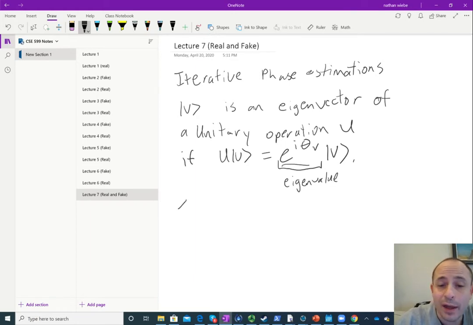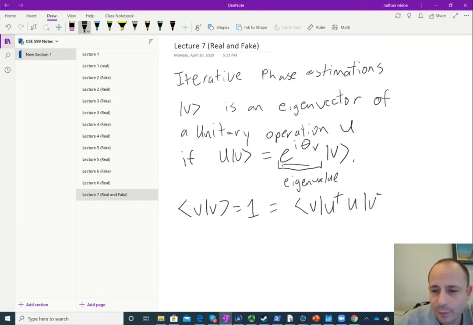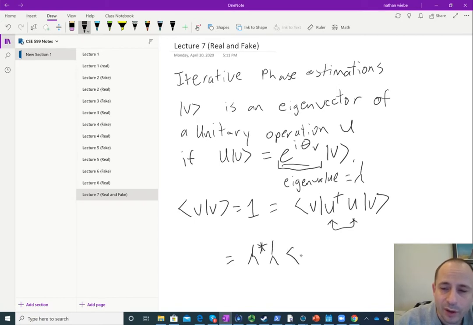The reason why is because we know that v inner producted with v is equal to 1. And that is equal to the inner product of v with U†U v, because these two cancel each other. Okay, cool. But if we instead took the eigenvalue to be lambda, this would be lambda star lambda times v inner producted with v, equals lambda star lambda, which is the absolute value of lambda squared by definition.